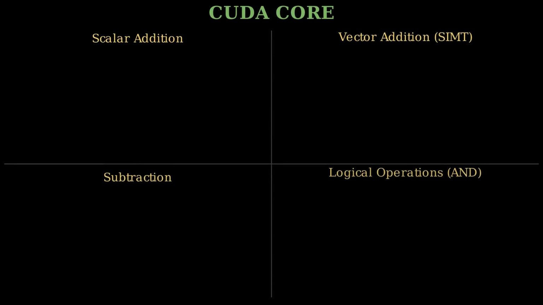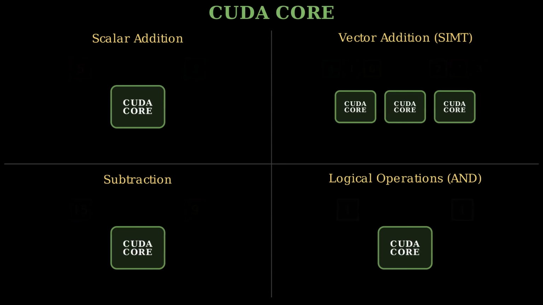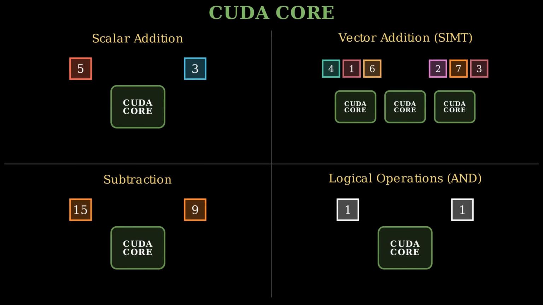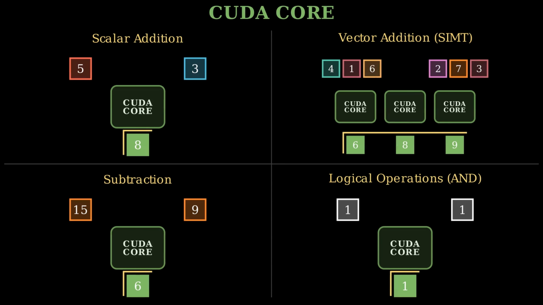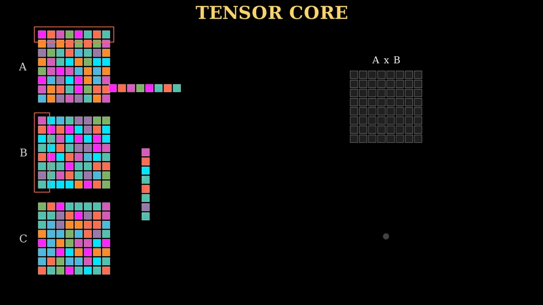It runs one scalar operation, an add, a multiply, a comparison per thread per clock cycle. It's simple and flexible, which makes it perfect for element-wise operations, the same operation applied independently across thousands of values at once. The tensor core is the specialist.